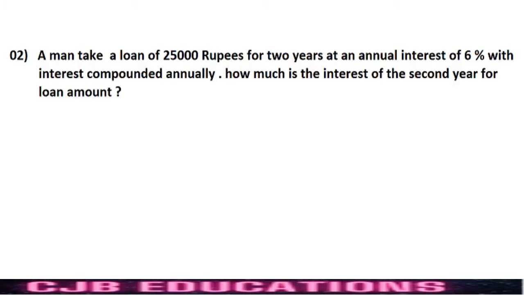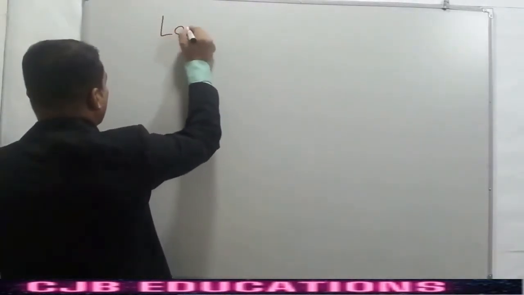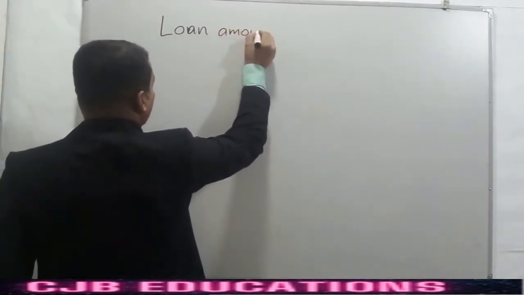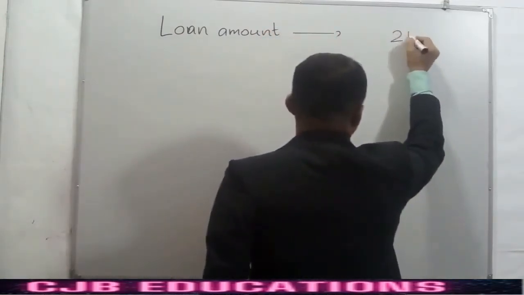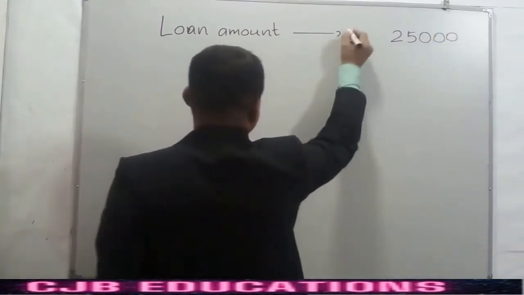How much is the interest of the second year for the loan amount? We want to find the second year interest. The loan amount is 25,000 rupees.